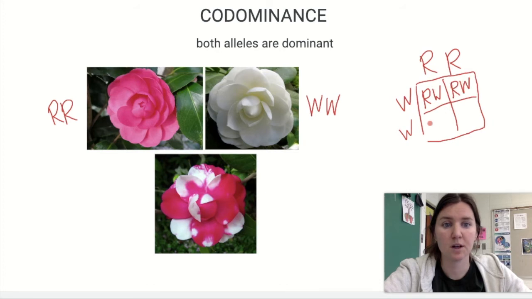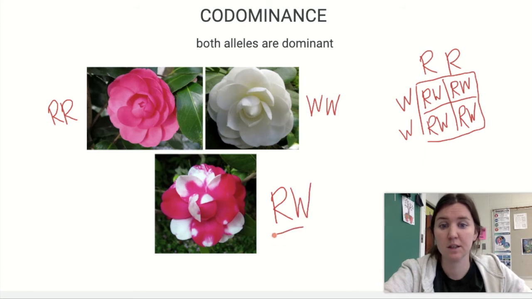All these offspring are. That's the only offspring that can be produced from this cross because the one parent can only give an R, one parent can only give a W. So we use two different capital letters because both are dominant. So we could still call this heterozygous because the two alleles are different. And so we're going to see both phenotypes. Not blended, we see them both completely.